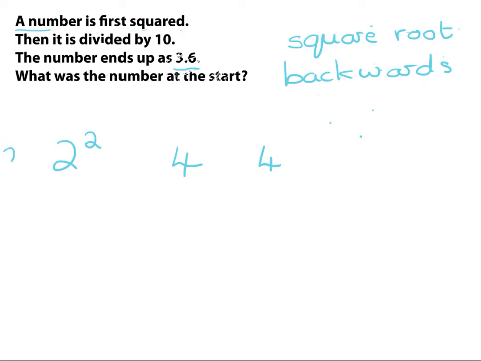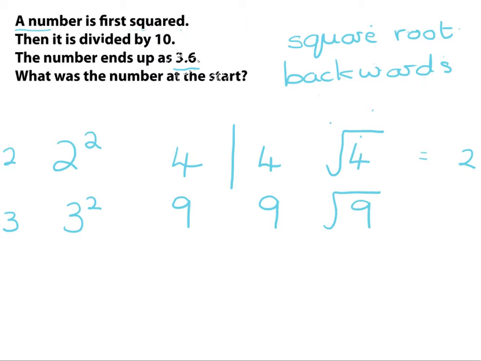We can go backwards to 2 by writing it like this. The square root of 4 is 2. I'm not sure whether that's clear. Supposing we take 3. 3 squared is equal to 9. We start with 9 and we find the square root of 9 is equal to 3.